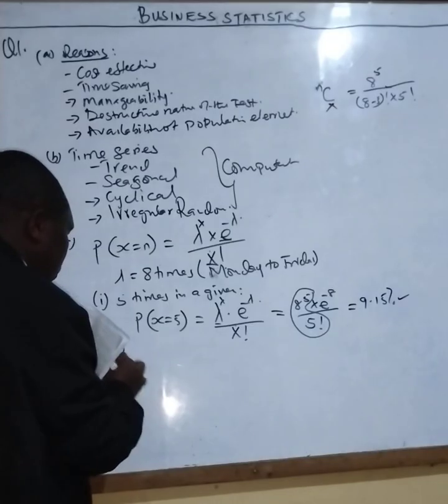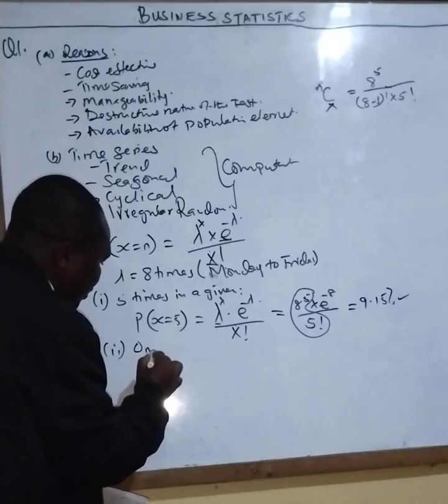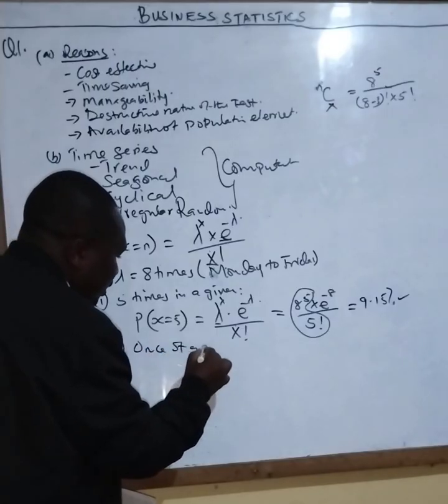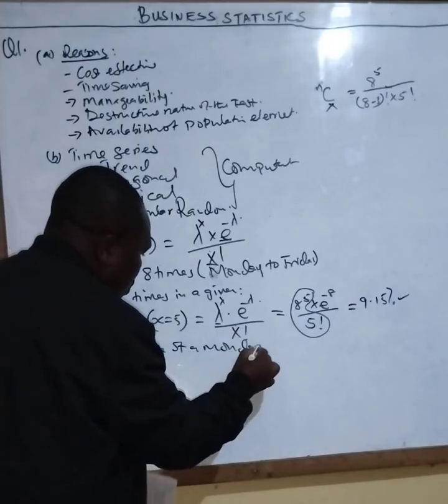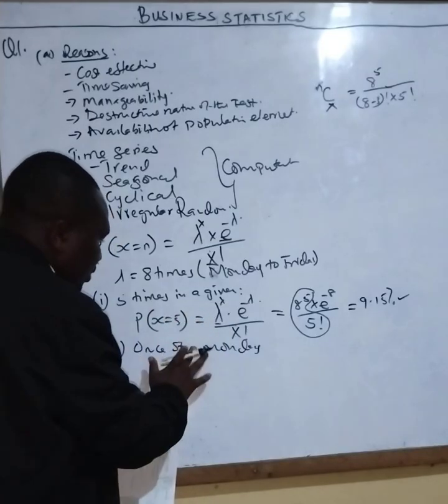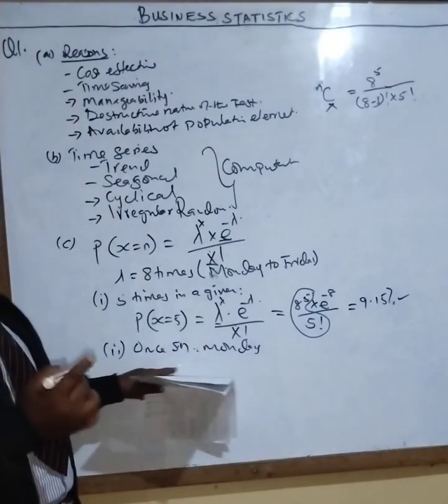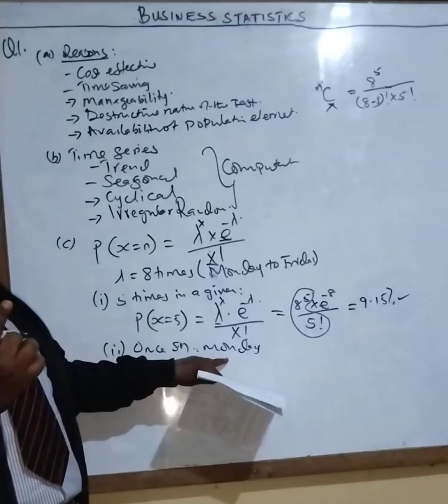Roman 2. Roman 2 is saying once on a Monday. Now it means that it is happening once and it's purely on Monday.